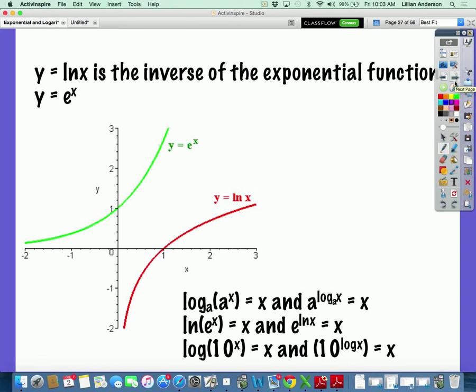Just like with logs, they're a reflection over the line y equals x, as you can see in this picture here. And then here are a few more properties that I would suggest you write down that involve your logs, your natural logs, and that natural exponential function.